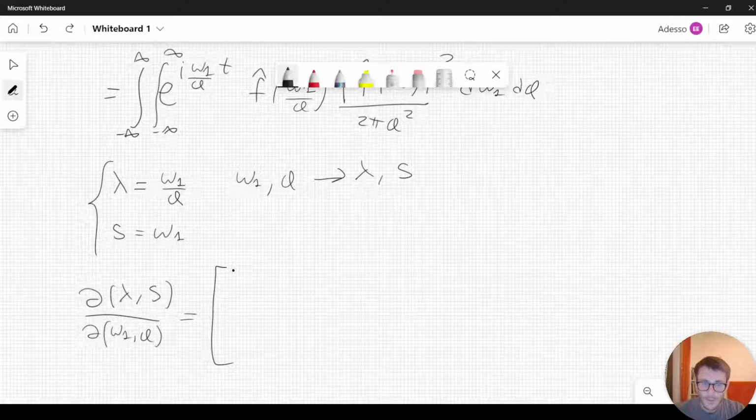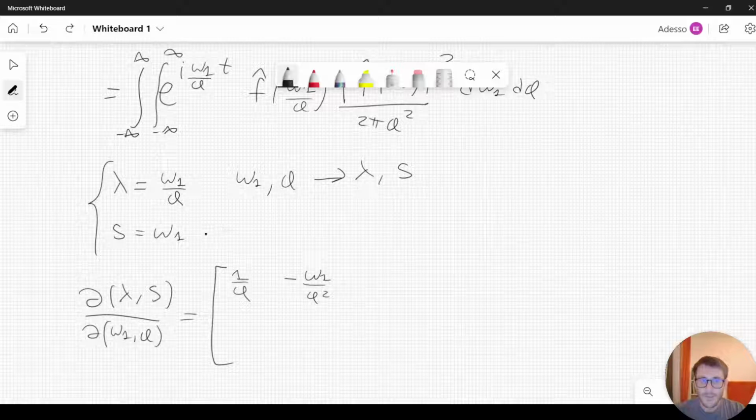So this will simply give 1 over a. Then here I will put the derivative of lambda with respect to the second variable, which is a. So we have minus omega 1 over a squared, which is the derivative of this expression with respect to a.